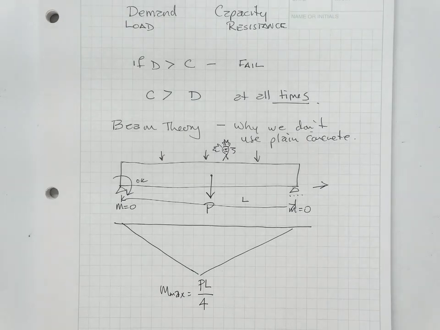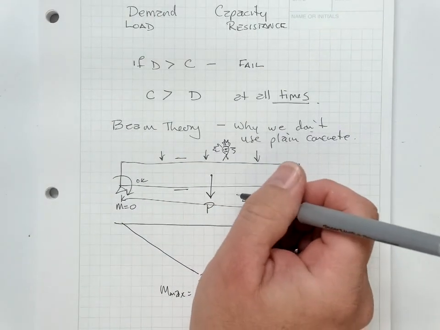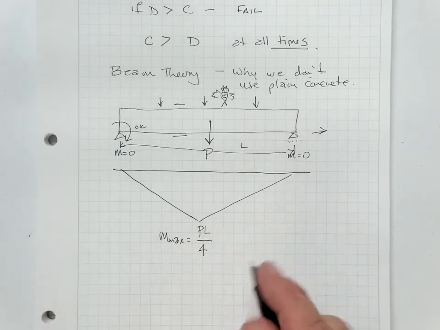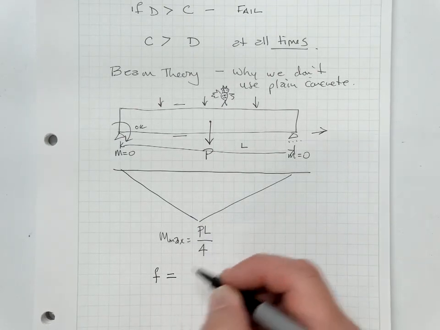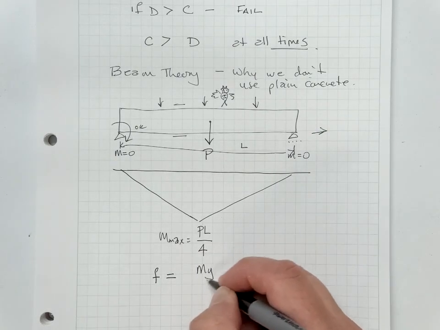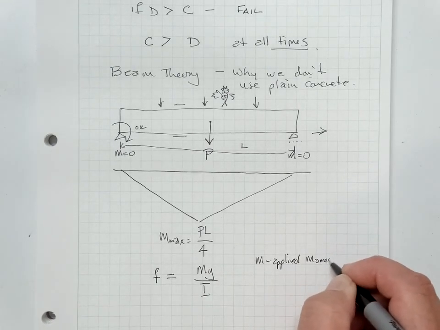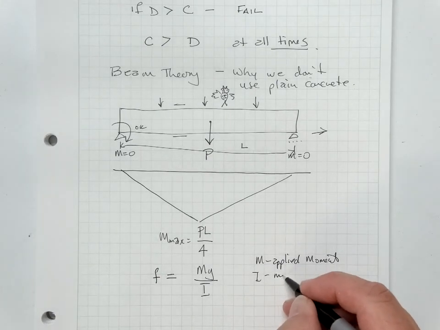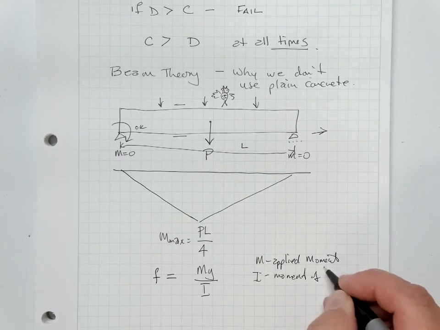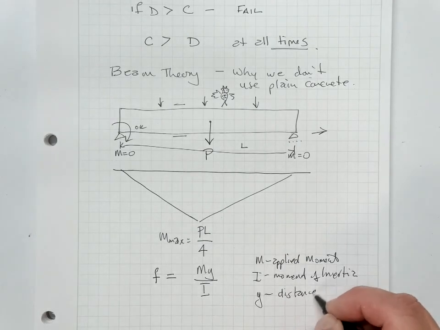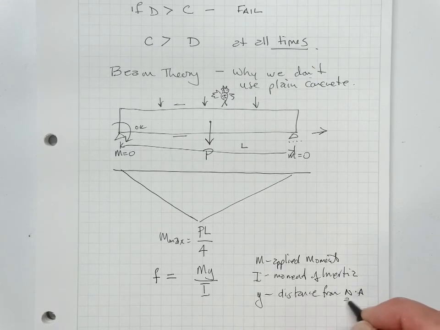So that's our maximum moment. And we know if we make an assumption that those surfaces that are parallel, like the top and bottom of this beam, before bending, are parallel after bending, then we can write an expression which says that the stress at any point in the beam is equal to My over I, where M is the applied moment, I is our good friend, the moment of inertia, and y is the distance from the neutral axis.